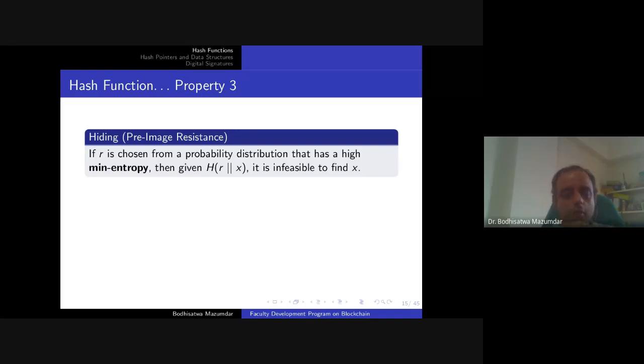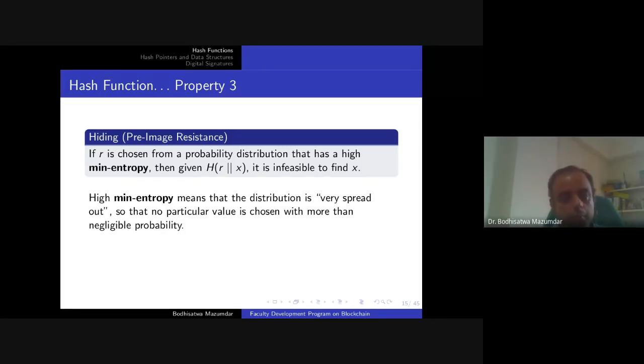When you compute this, it is an infinitesimally small value. That is called choosing from a probability distribution with very high min-entropy. That means the probability of selecting a particular value is very small, almost close to random.